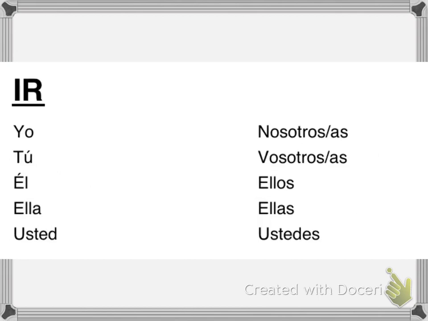Finally, for your IR verbs. For the yo form, you're going to use the letter O once again. For tú, you will use the letters ES.